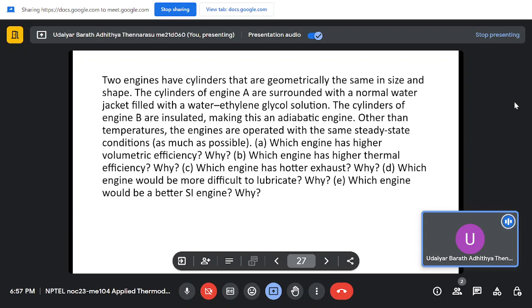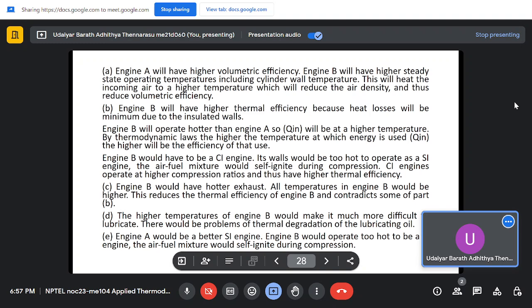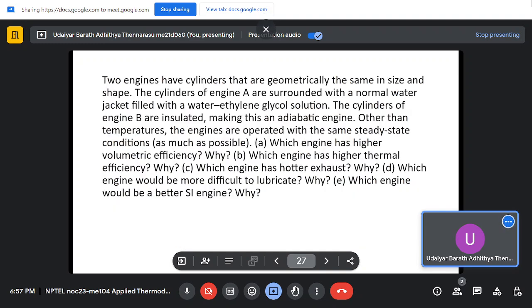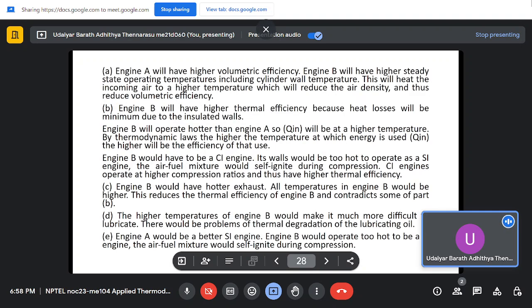Okay, so we'll go one by one. The first question was, which engine has higher volumetric efficiency? The reasoning is, engine A will have higher volumetric efficiency and engine B will have higher steady state operating temperature, including the cylinder wall.